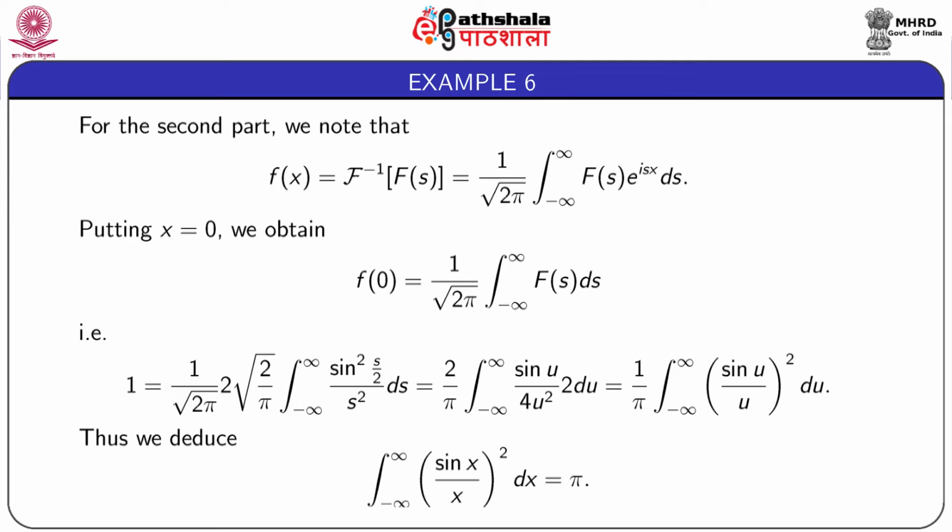For the second part, we note that the Fourier inverse transform gives back the function itself. So, f(x) is the Fourier inverse of capital F(s), that is equal to 1 by root 2 pi integral minus infinity to plus infinity F(s) e to the power i s x ds.